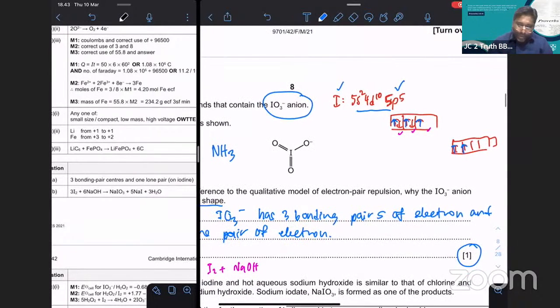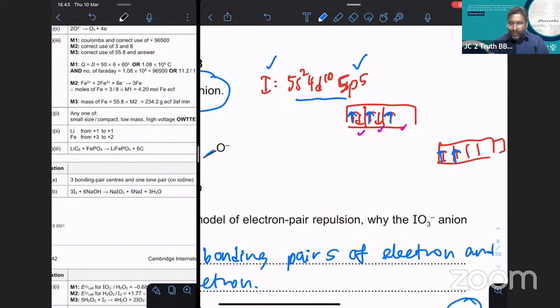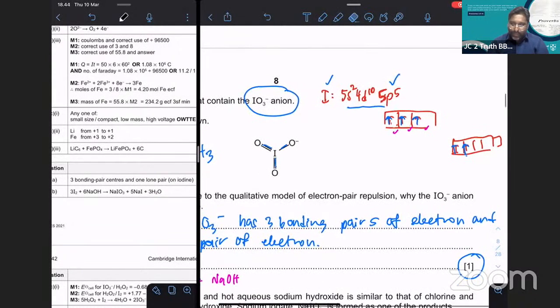But you are going to require 3 electrons for bonding over here. So this is not enough space. They have to expand the octet. So when they expand the octet, what happens? They are going to bring the 2 electrons somewhere here.